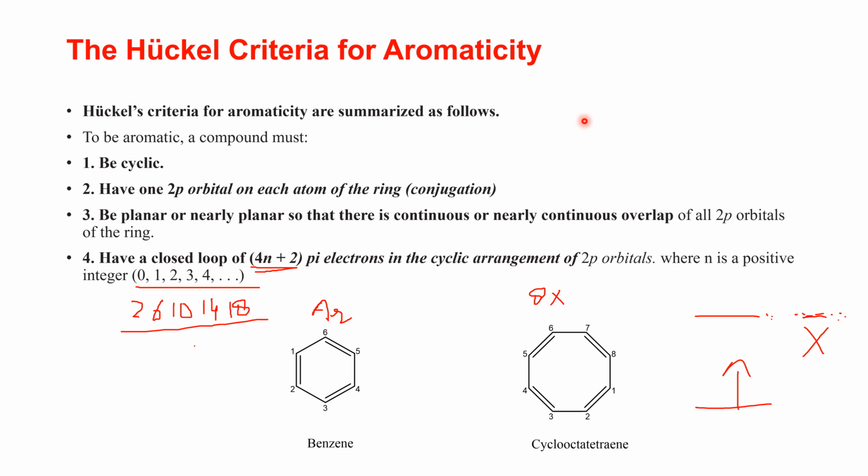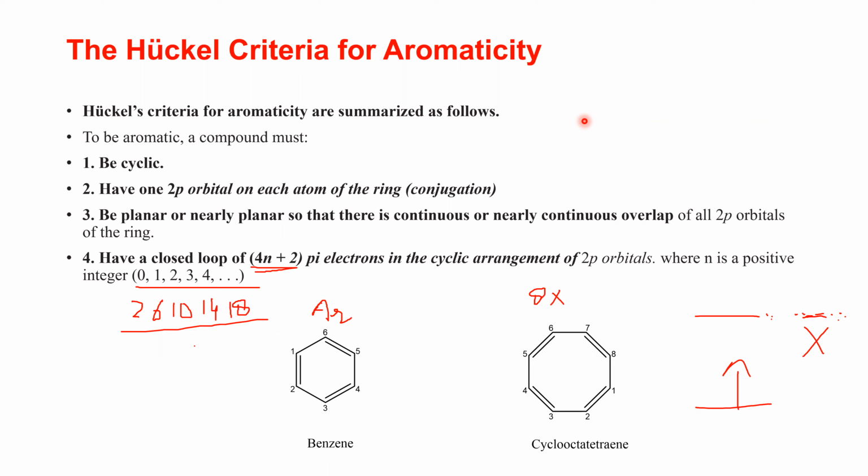For a compound to be said to be aromatic, it has to fulfill these 4 basic criteria. So the very first thing is it has to be cyclic. The second thing is that there should be a 2p orbital on each atom of the ring.